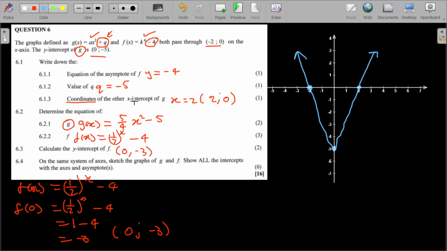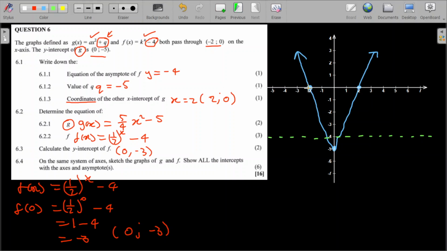And then from here we are going to draw the exponential graph. First thing, to draw the exponential graph, we must first indicate the asymptote. Remember, our y-asymptote is at -4 there. So this is going to be my asymptote, and then indicate my x-intercept.